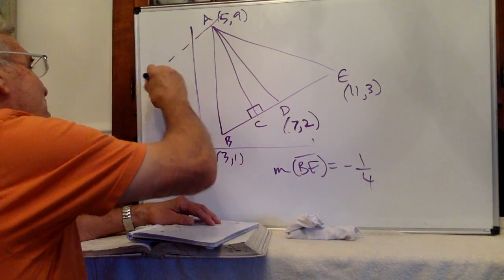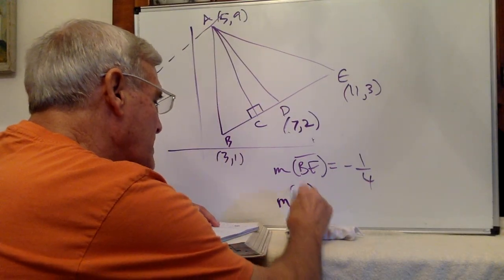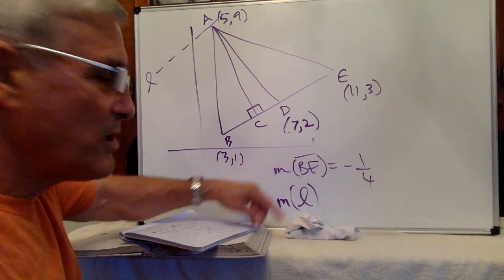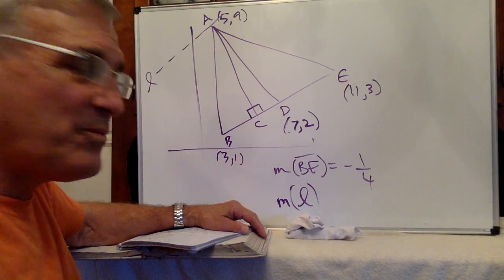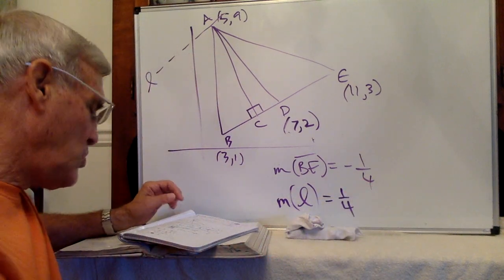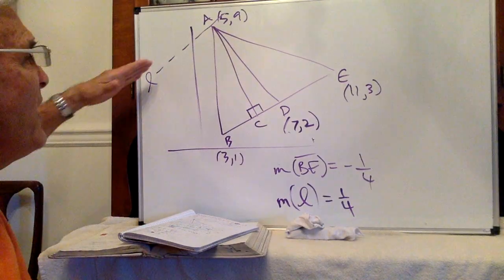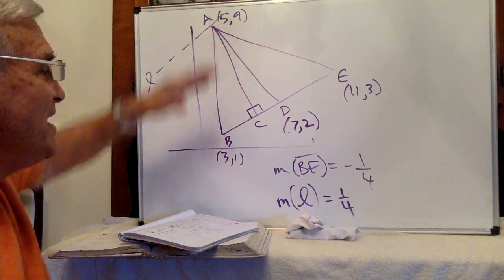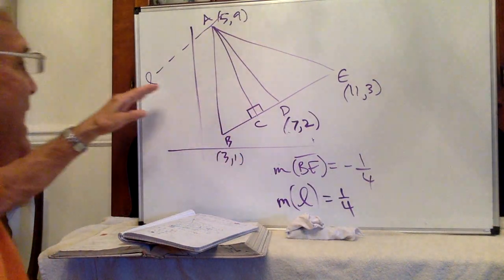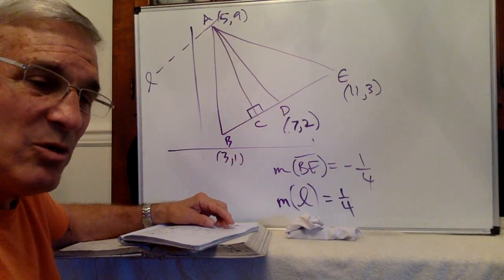So if I call this line L, the slope of line L is parallel to BE, therefore slopes are equal. Lines that are parallel have equal slopes, so the answer to the last one is 1/4. So I don't need to know any other points. I know for a fact that BE had a slope of 1/4, part A, and any line parallel to BE will have the same slope, 1/4.